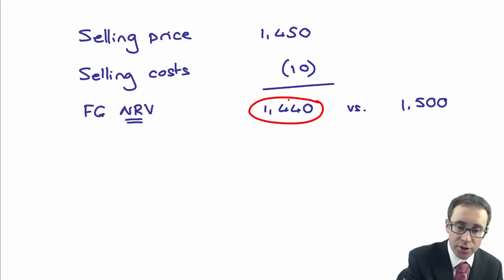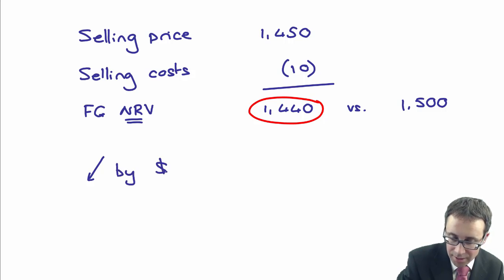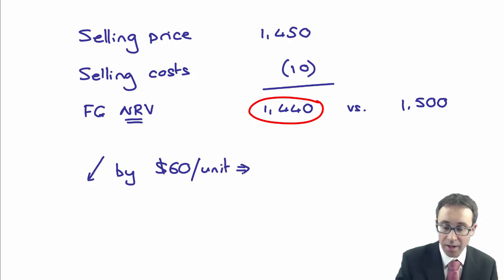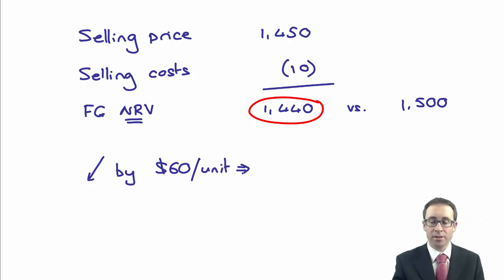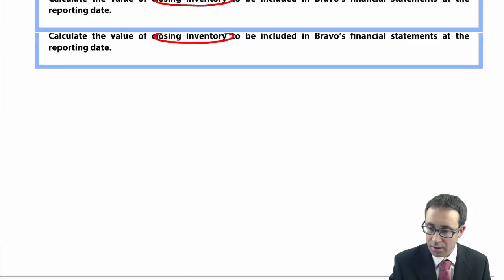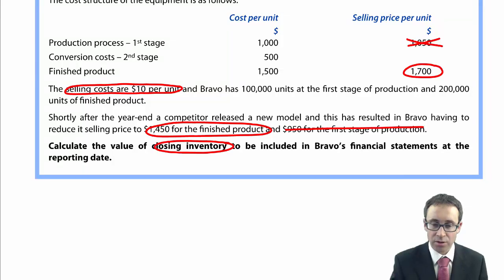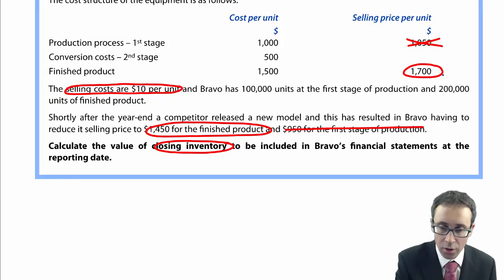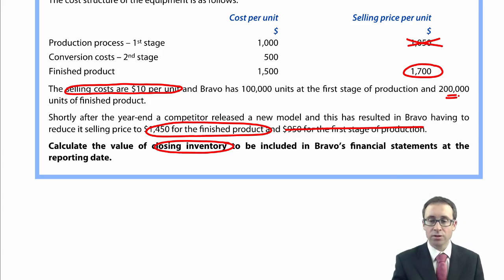So you have to reduce the inventory by, is it $60 per unit? $60 per unit based upon the number of goods that we have as finished goods, and it says there, is it 200,000 units of finished goods.